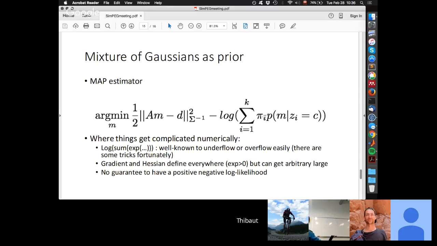That can cause some numerical issues, because I have the log of something very close to zero. Sometimes it can blow up, and that's why, even if it's infinitely differentiable, the gradient and Hessian can get very big very fast. That's one of the problems I have to face right now.